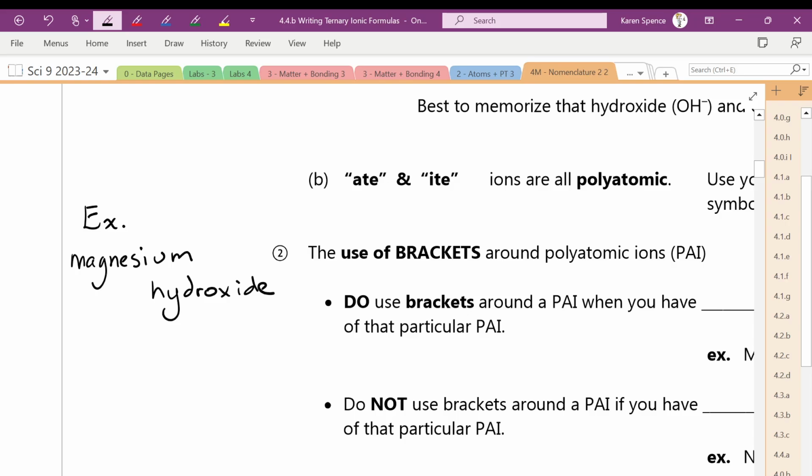Magnesium hydroxide. Please go to your periodic table and find the symbol and charge for magnesium.